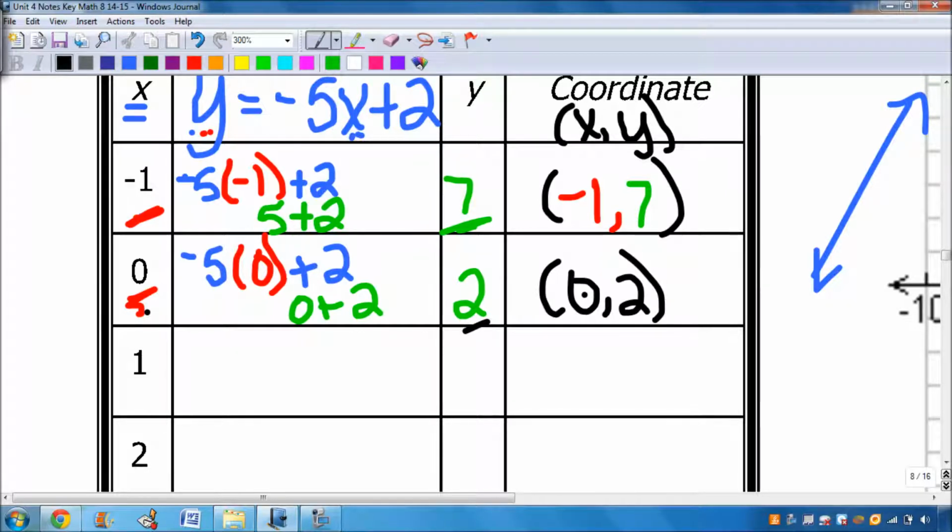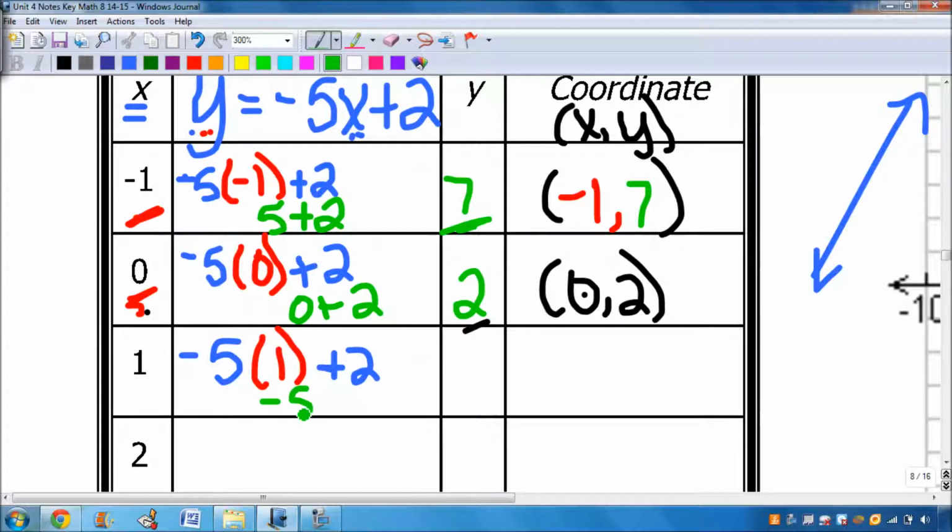Okay? I want you to take a minute and try it with 1, plug it in, press pause, try it yourself to make sure you can do it on your own, and then come back to me when you're ready to go. All right, so you should get negative 5 times 1 plus 2. And then negative 5 times 1 is negative 5, right?